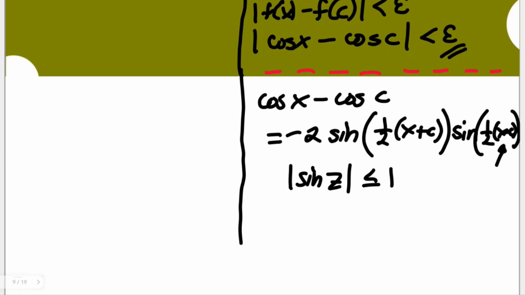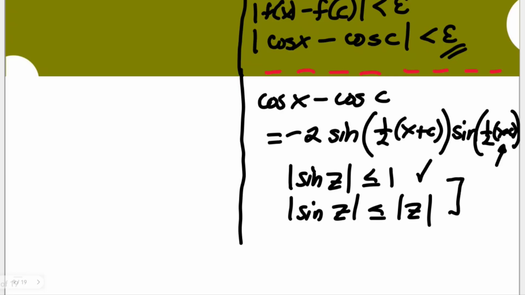This is true when you imagine the unit circle, always less than or equal to 1. This is true for all z. But another situation is that it is less than or equal to the absolute value of z. Now, this is not true for all z, but only for small values of z. Since we are going to deal with the absolute value of sine of an angle later on, let's introduce these two, where the first is more generally acceptable than the second, but the second is actually true for smaller values of z.